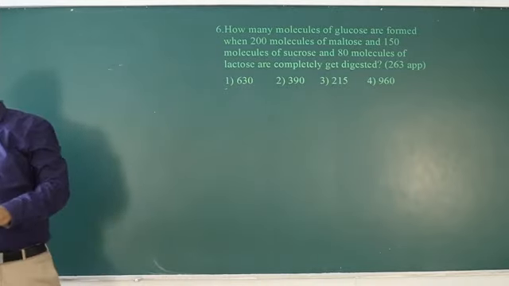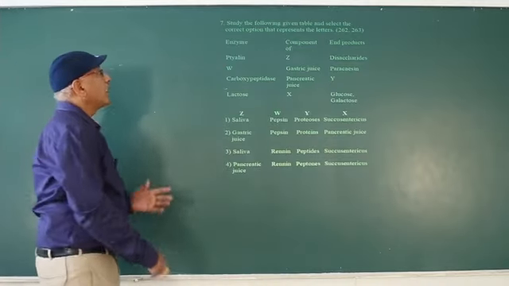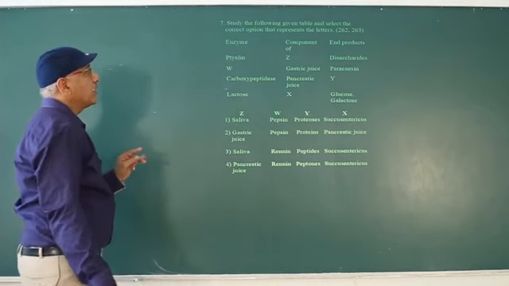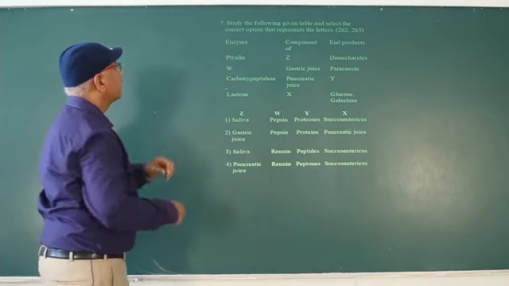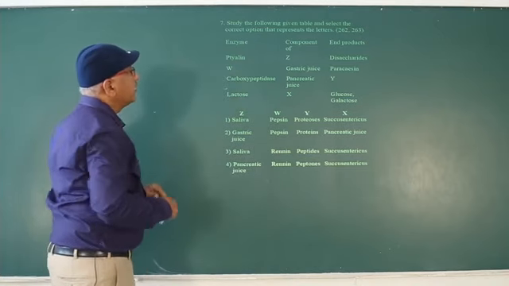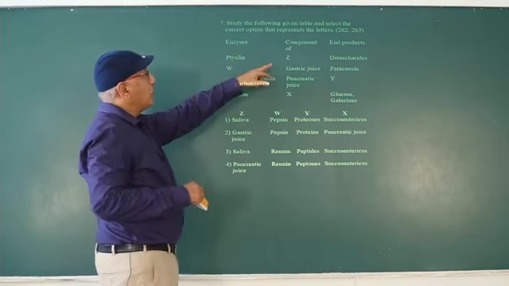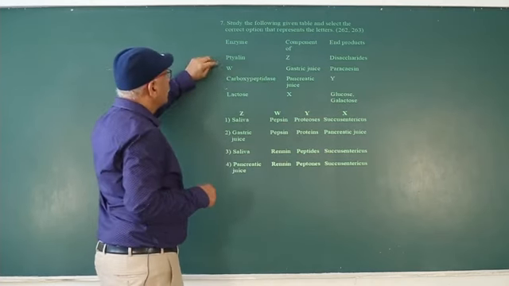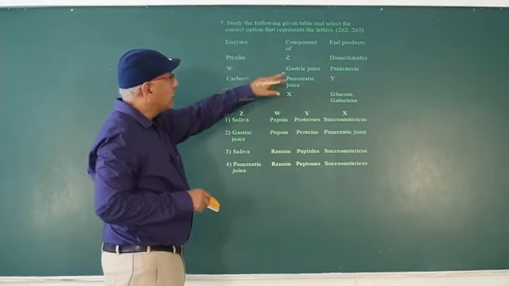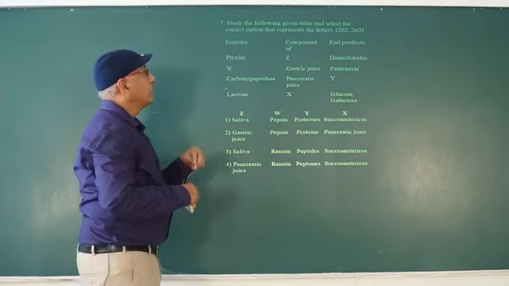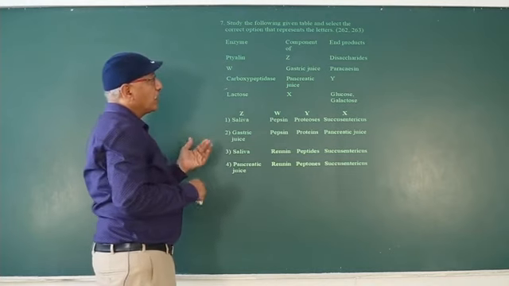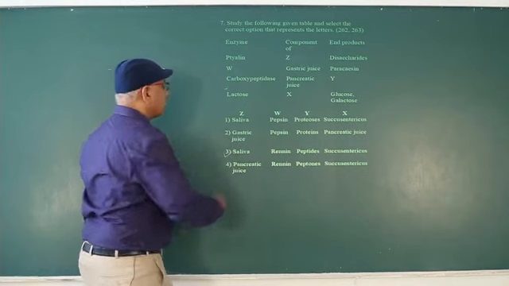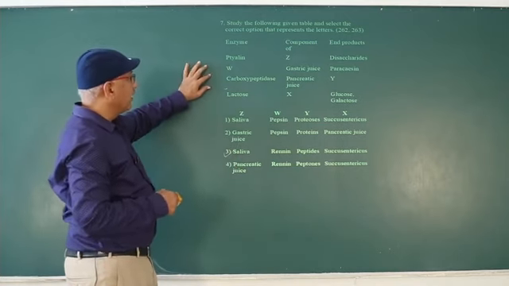Next question. Study the given table and select the correct option that represents the letters. Ptyalin is the enzyme component of saliva. Next, W: gastric juice, para-casein. The enzyme acting on milk protein to convert it into para-casein is renin, so the option is the third; W means renin.